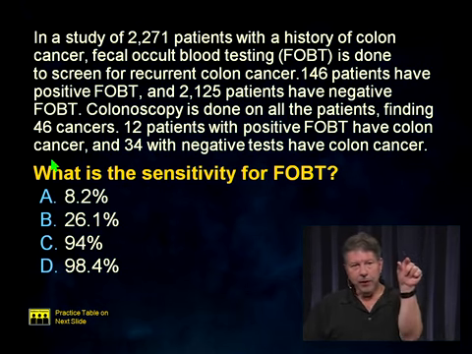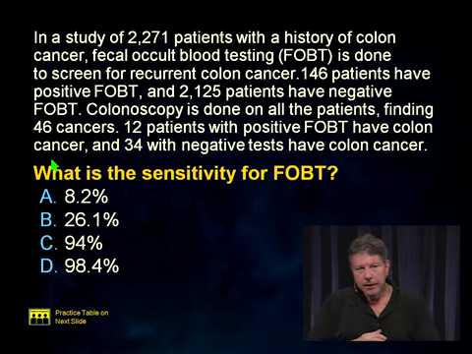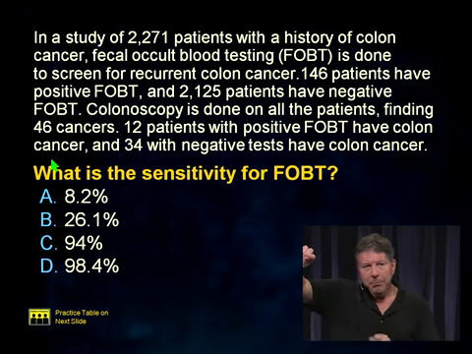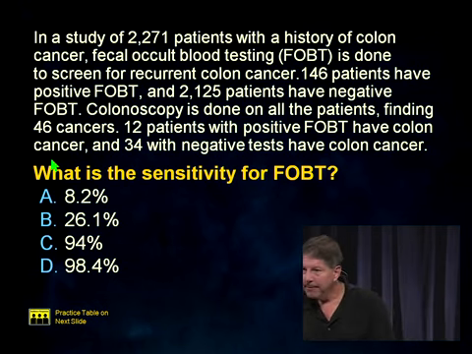So we know the first box is what? 12. And we know we need to get to 146. So how do we do that? Subtract. So do 146 minus 12, and that number is going to go where? In that top right box, right? Okay. And you get 134, right?